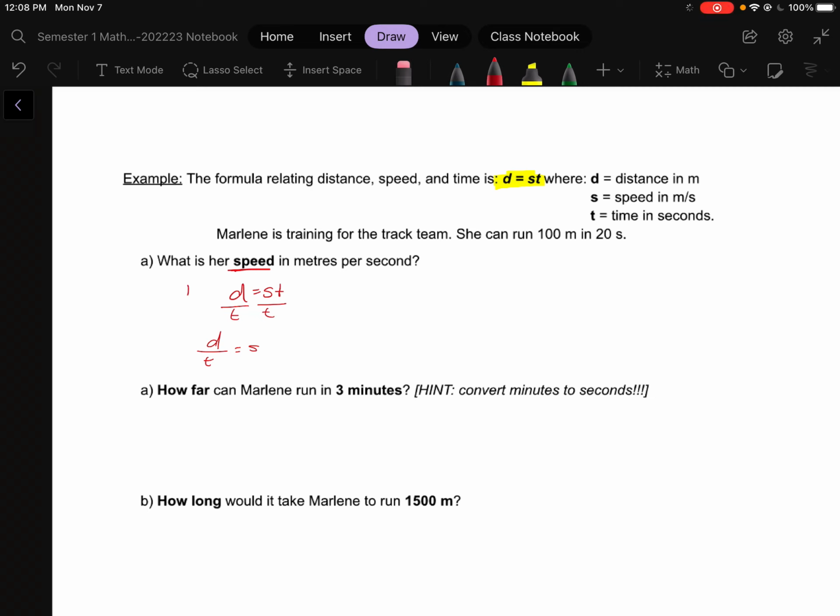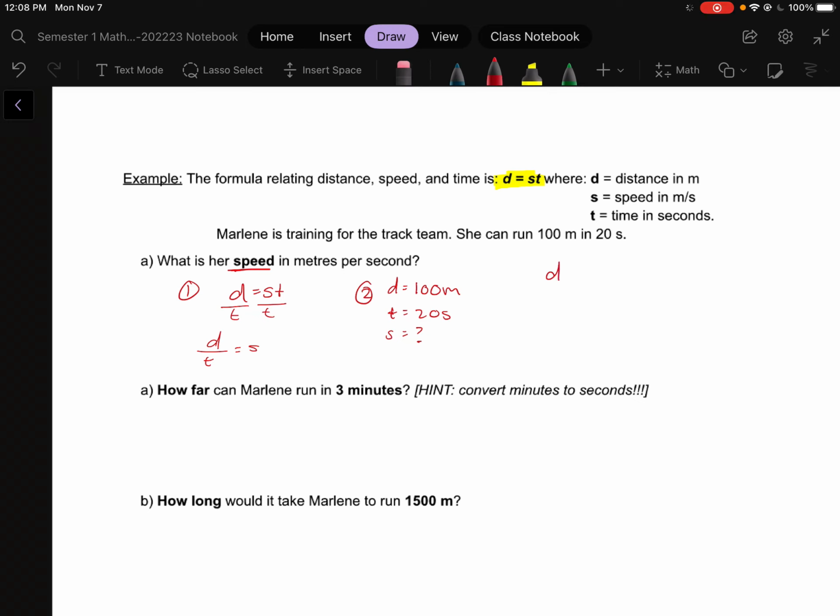Now, that is step one. Step two is, given that information, plugging it in. We know that she can run a distance of 100 meters, and the time is 20 seconds. We don't know what our S is, so we need to solve that.